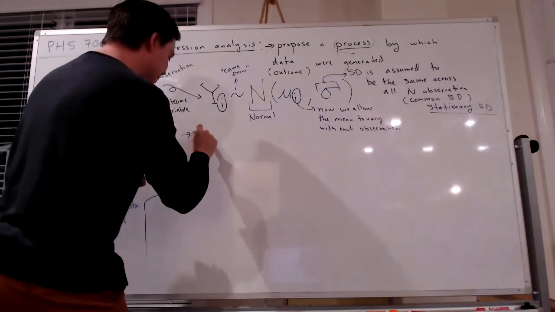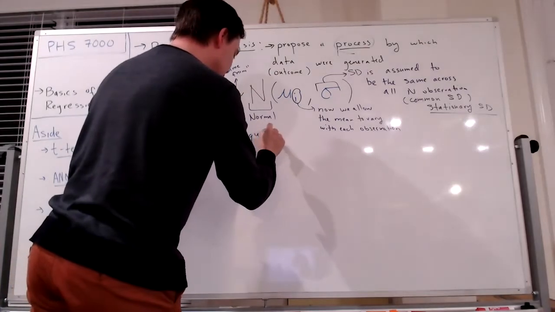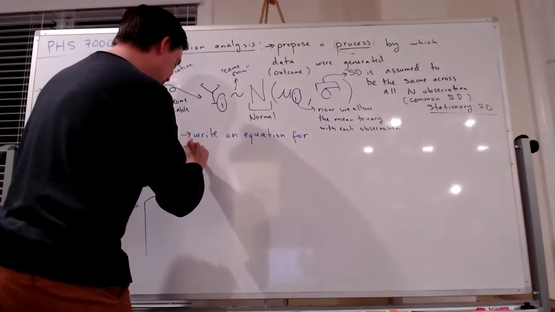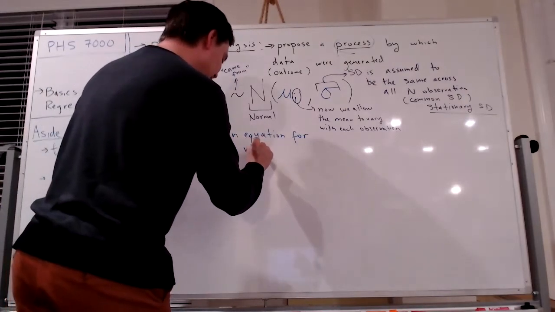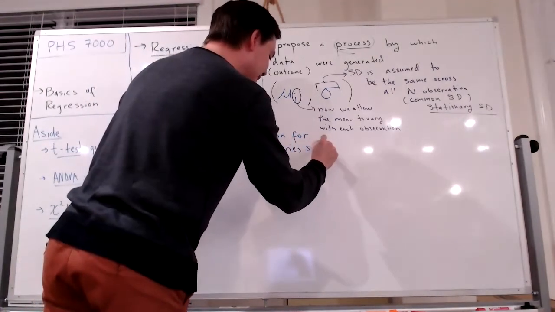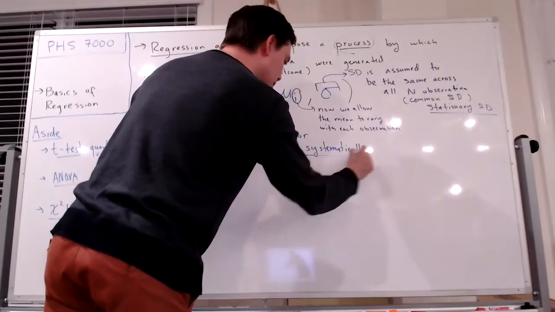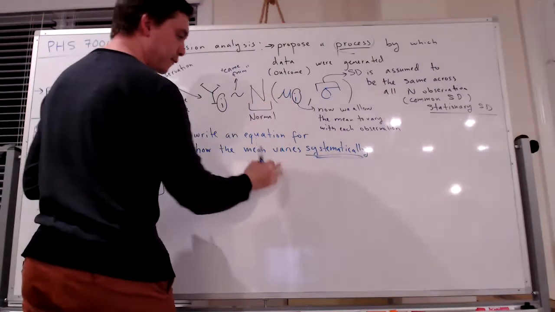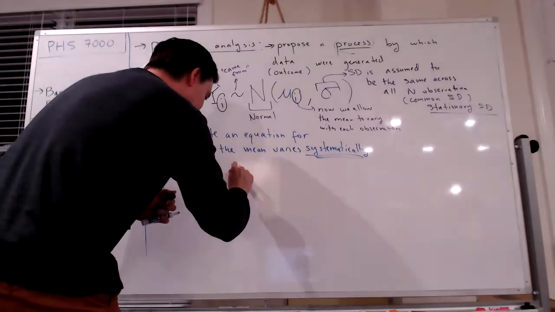So we write an equation for how the mean varies systematically. That's the key word. We want to write an equation for how the mean varies systematically. So we usually write something like this.